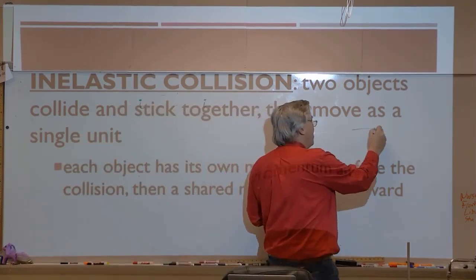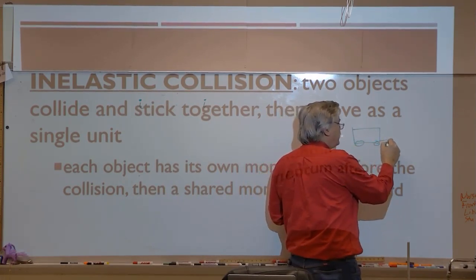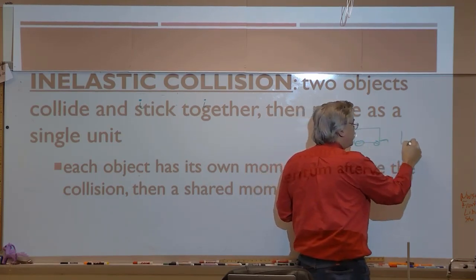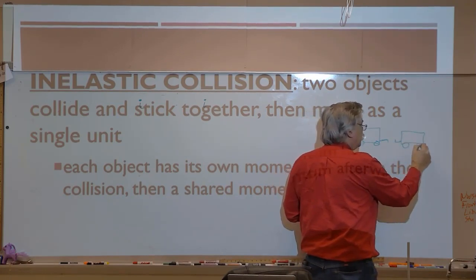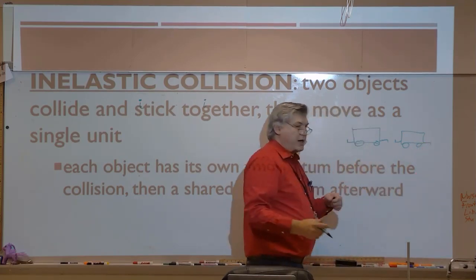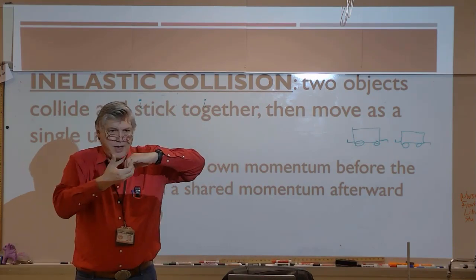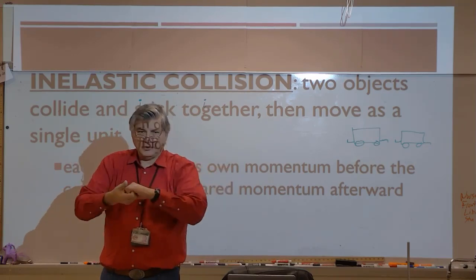So I have a railroad car here, and it has a little connector, and it collides with another railroad car that has a connector, and when they collide, they hook together and continue off as a single unit.